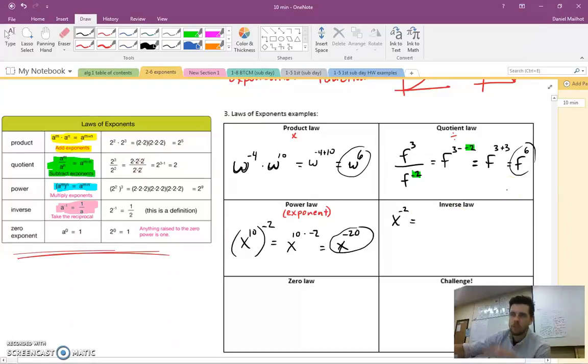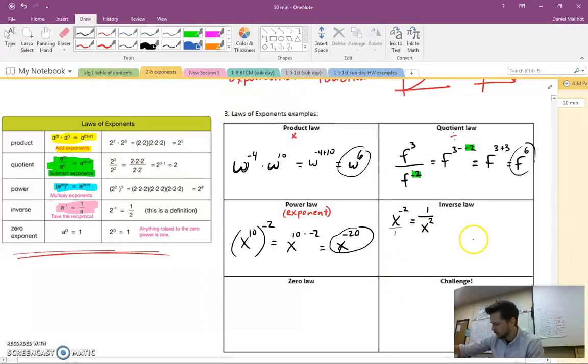If you invert yourself, you just flipped over. That's what inverse means. You can flip it over, take it from x to the negative 2 divided by 1, right? Dividing by 1 won't really change it. Flip that over. 1 over x, and since we flipped it, change that to positive.